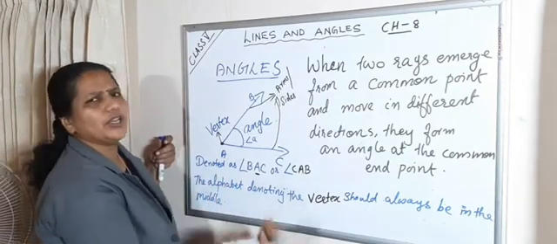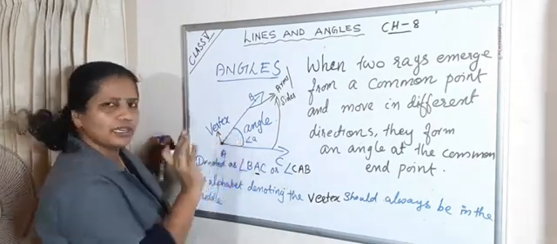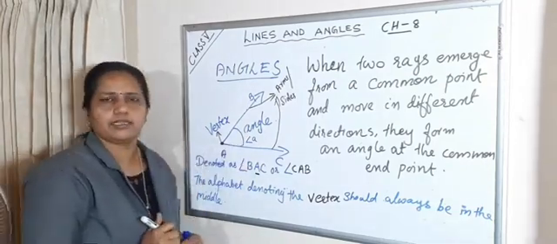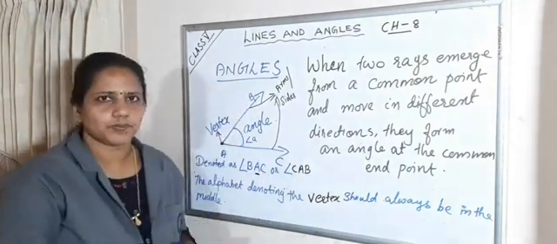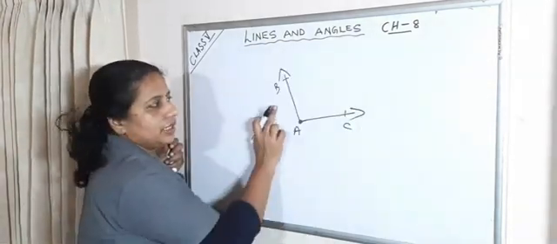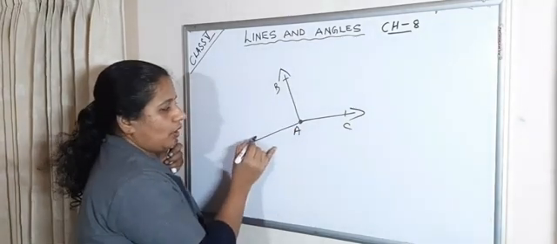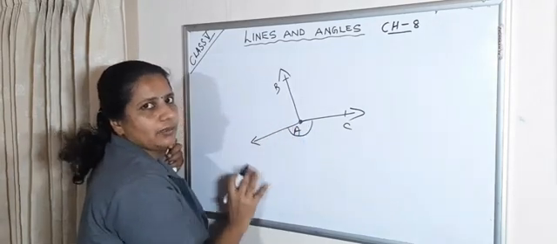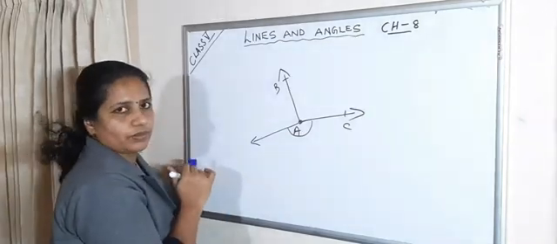Or simply you can denote this angle using a small alphabet, angle A. Clear? Take your notebook and write this. Okay. Then one more point, we can draw more angles, or we can make more angles using the same vertex. So note it down also.